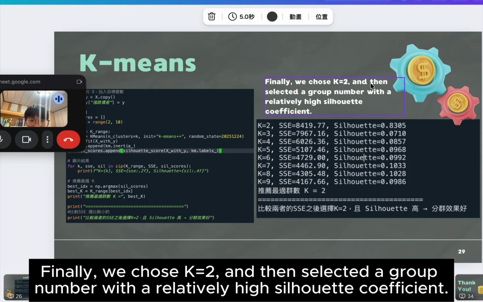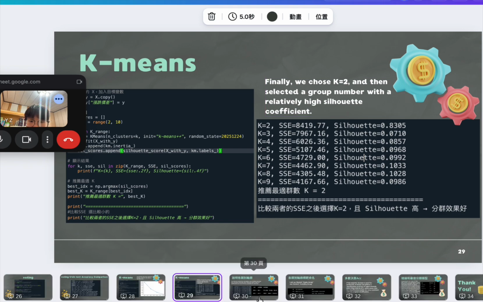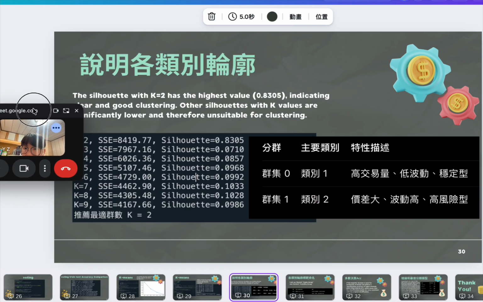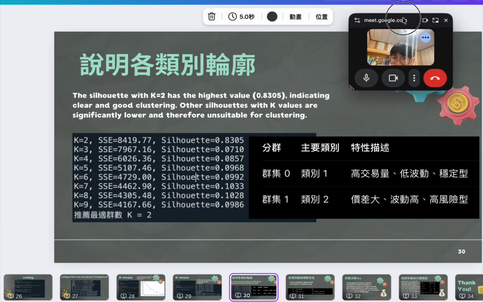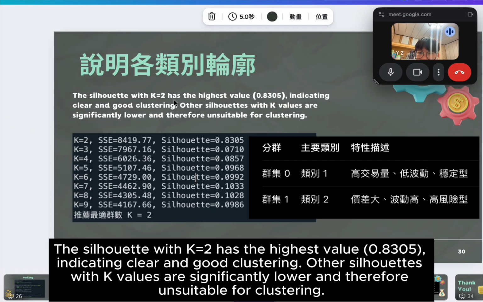Finally, we choose k of 2, and then the silhouette score has a relation with high, zero confusion. The silhouette score while k equals 2 has the highest value, 0.5305. In general, the clustering is good, and the other k values are significantly lower and therefore unsuitable for clustering.